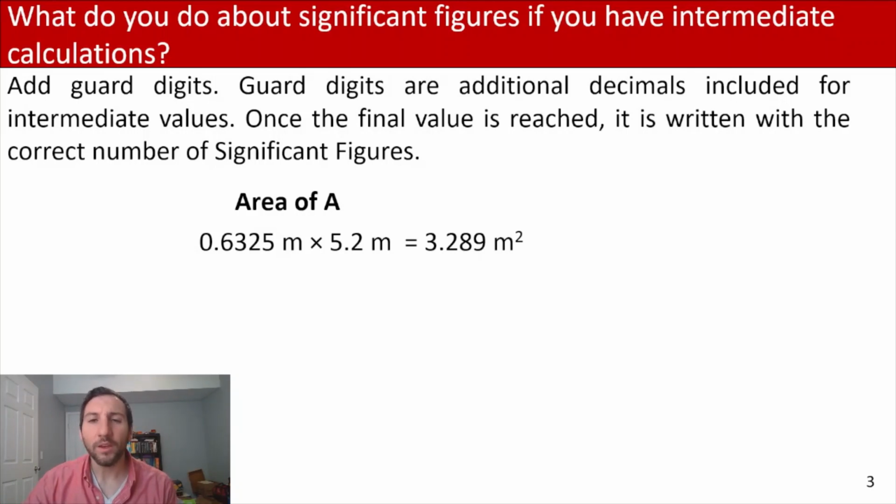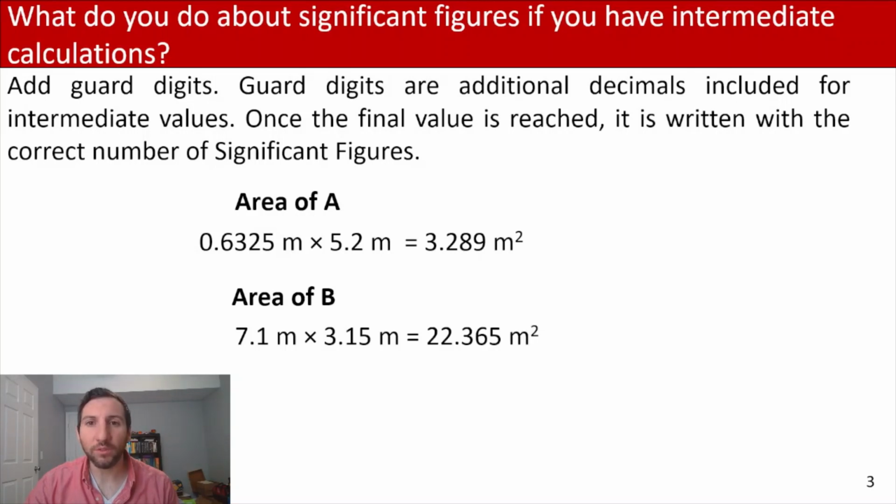And now we're going to go to the area of B, and in this case it's 7.1 meters times 3.15 meters, and that's going to give me 22.365 meters squared. And now again we're going to keep a couple of extra decimals, and when we sum up area of A and area of B, we get 25.654 meters squared.